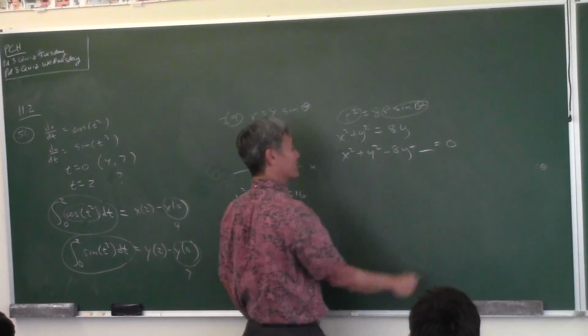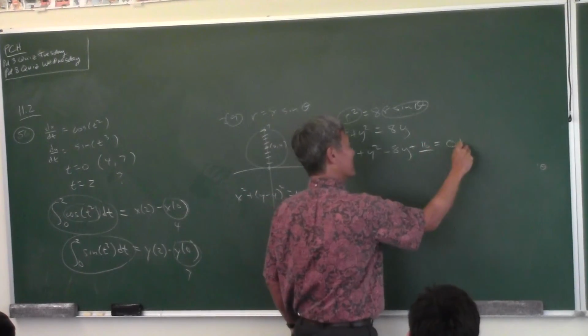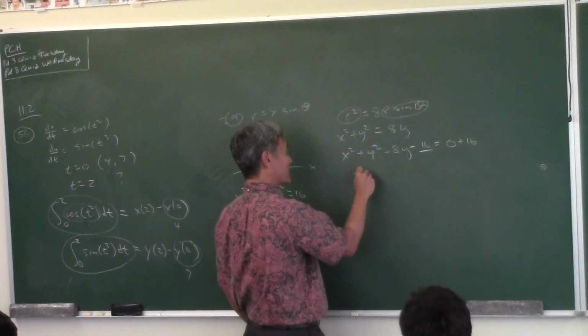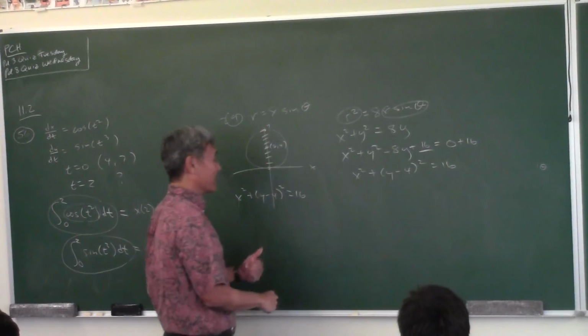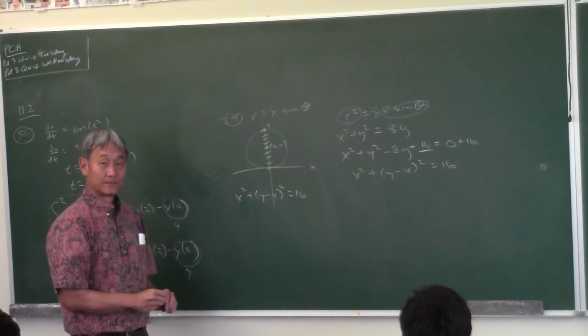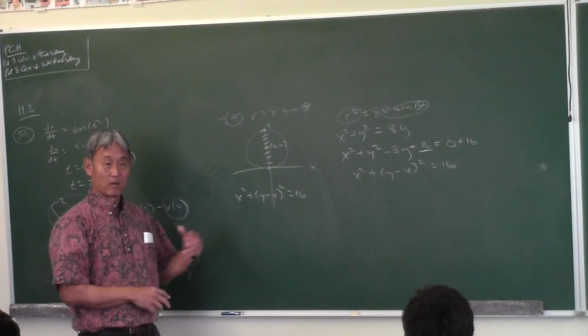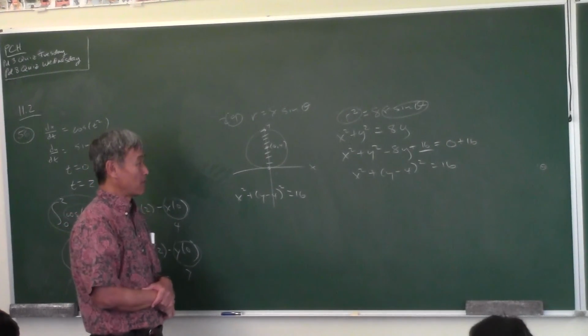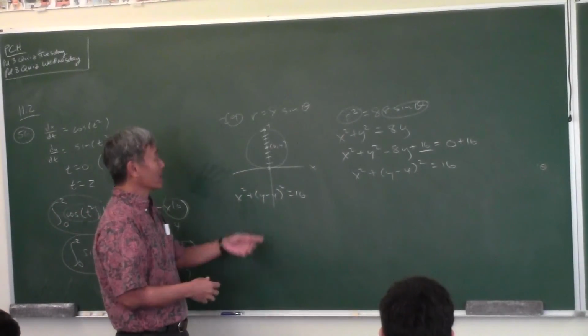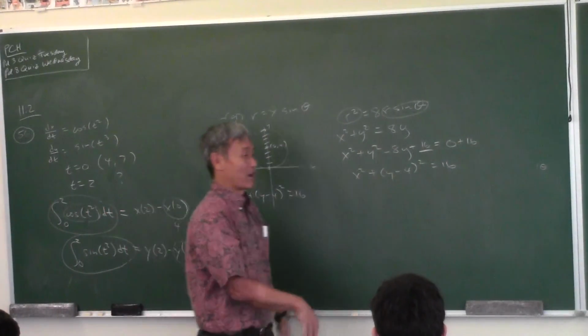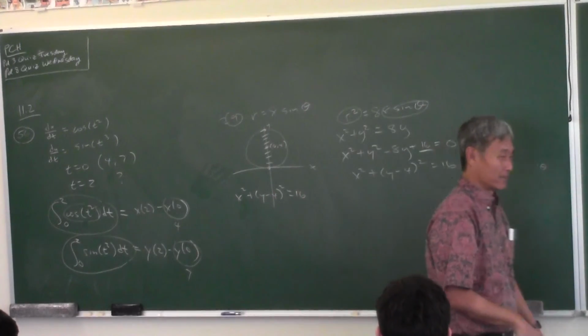What do I have to add to make a perfect square? 16. Add 16 to both sides, so you get x squared plus y minus 4 squared equals 16. Same thing. You don't have to do both ways, just do one way. Probably the easiest is this way. I would hope by now we're BC people. We look at that equation, we know exactly what the graph is, we can just see it in our head.